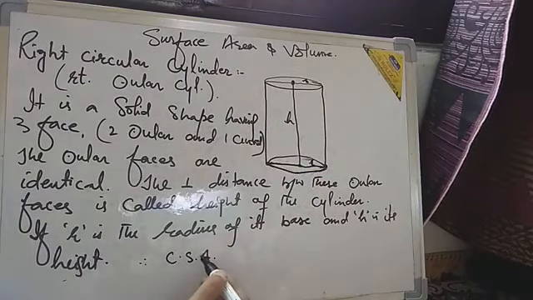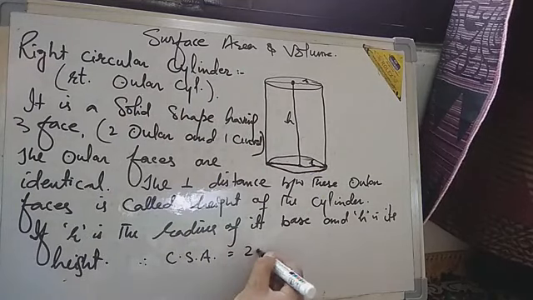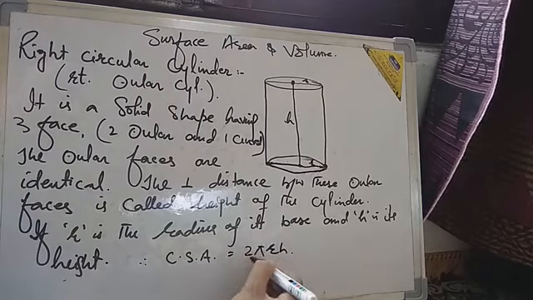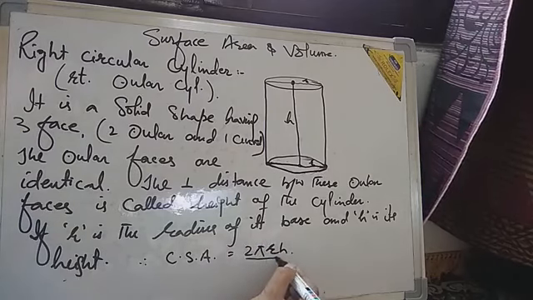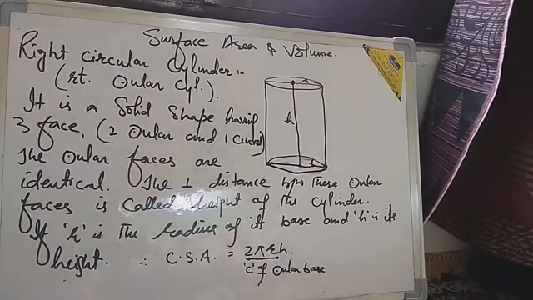So the curved surface area of this cylinder is equal to 2 pi r h, where 2 pi r is the circumference of the circular base. If the circumference of the circular base is multiplied by its height, we get the curved surface area of the cylinder.